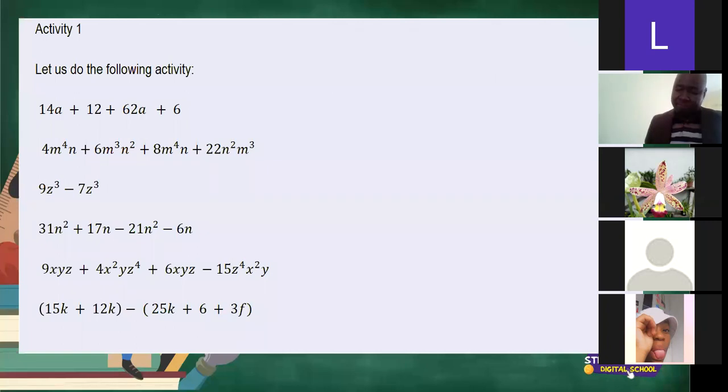Thereafter, you go to 4x squared y z to the power 4 minus 15 z to the power 4 x squared y. So that's how you group them. And perhaps just clarify.